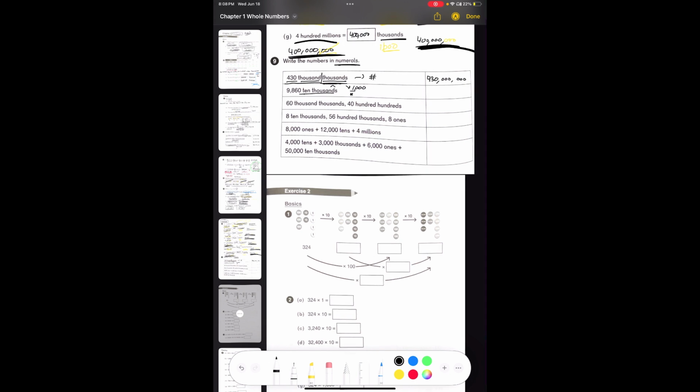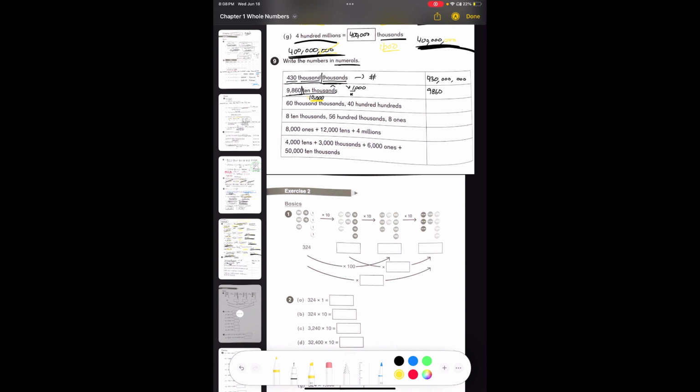9,860, 10,000. So, well, what is that? Well, 10,000 is 10,000. So I can just write 9,860. Write this down first, and then add these 4 zeros.